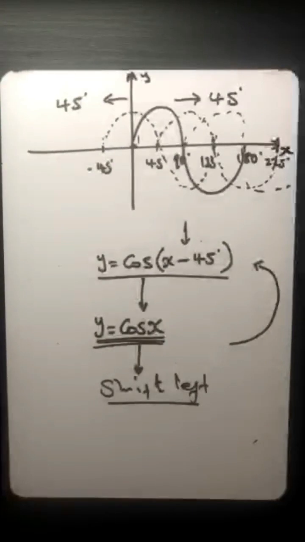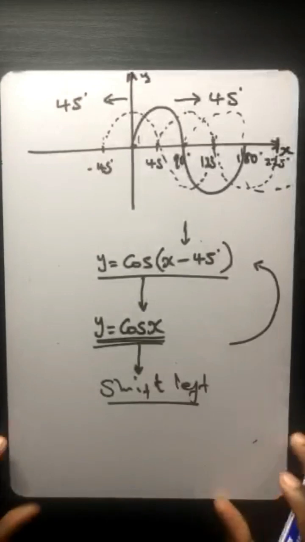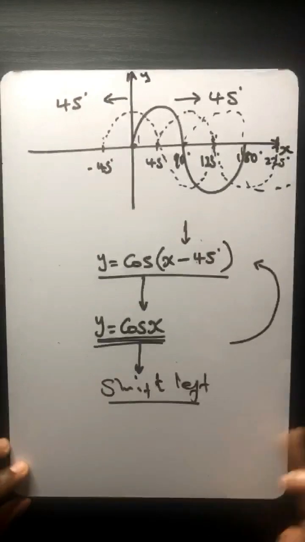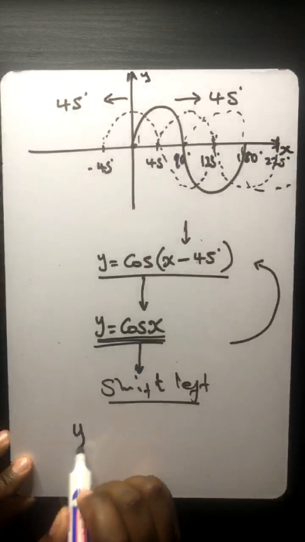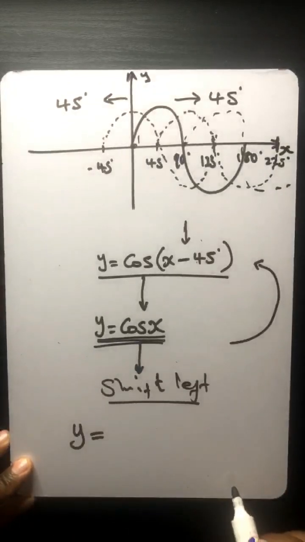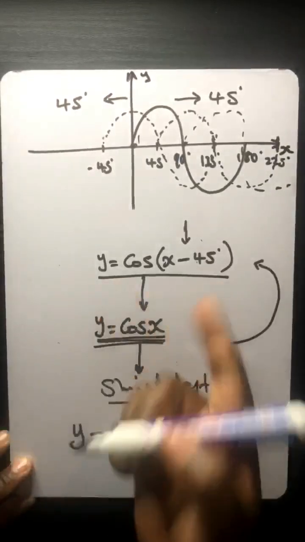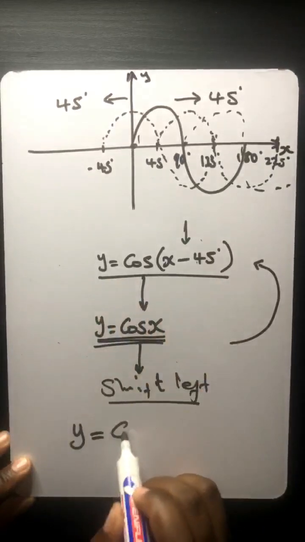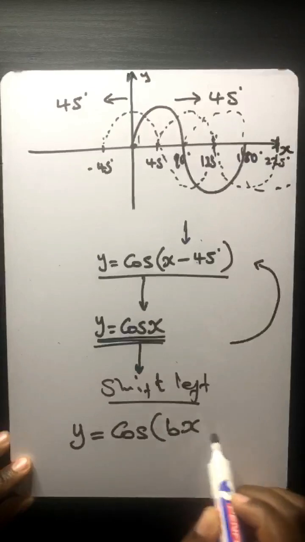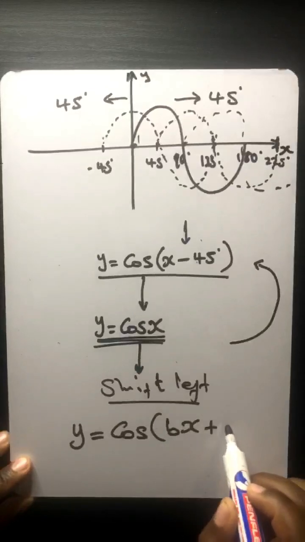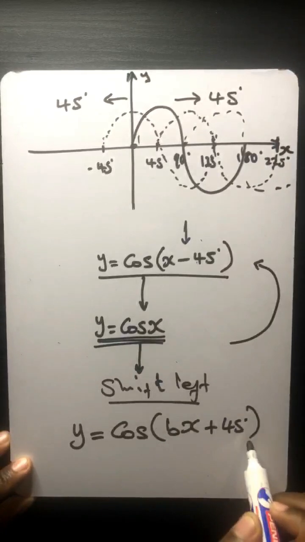So that means where you are given an equation, you need to know where your b value is. As part of your homework, I'll give it to you in the simplest form. Try to find out where the b value is with this type of function. Is it cos of bx plus or minus an angle, which could be 45, which could be 30 or whatever?